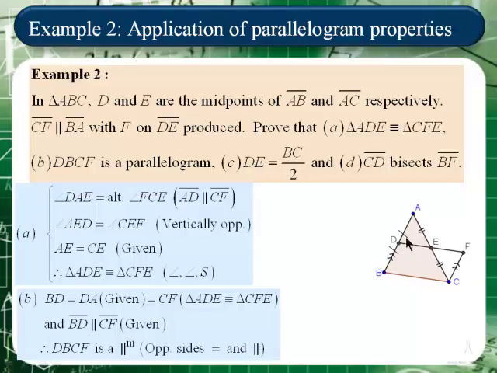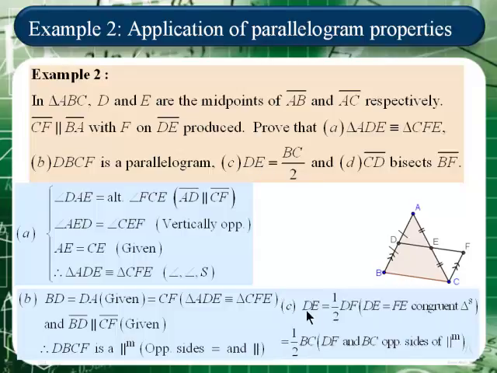Thirdly, we need to show that DE is half of BC. Now, firstly, DE is half of DF, simply because DE is equal to EF from the two congruent triangles.